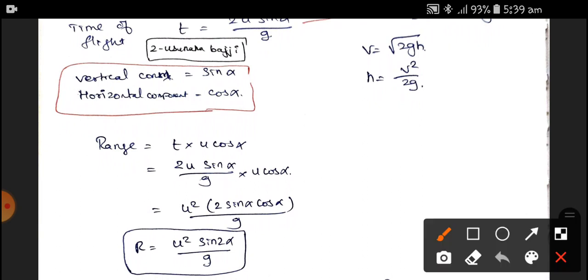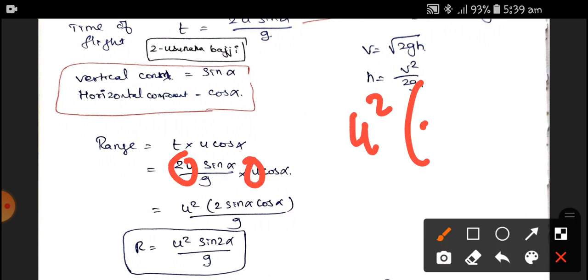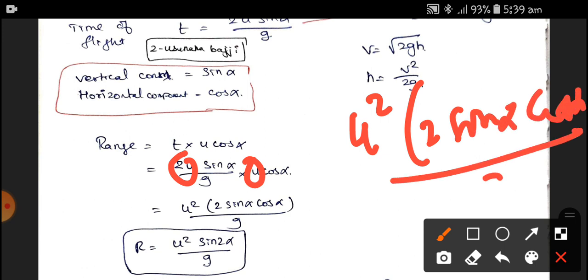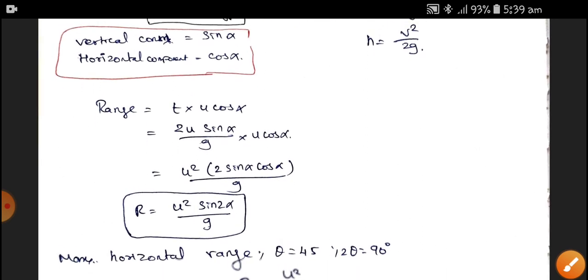Therefore u square into 2 sine alpha cos alpha divided by g, where 2 sine alpha cos alpha is nothing but sine 2 alpha. By this equation the range comes into the picture.